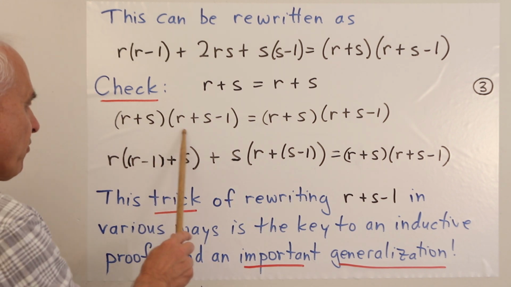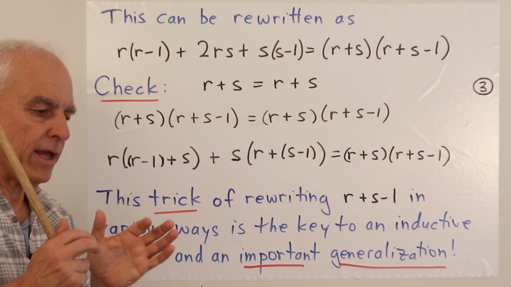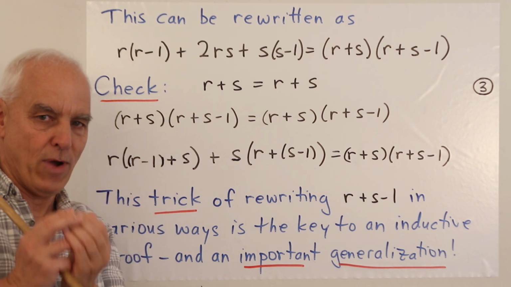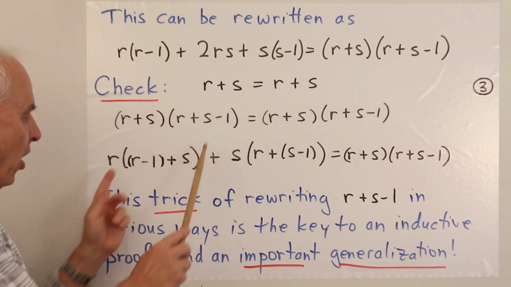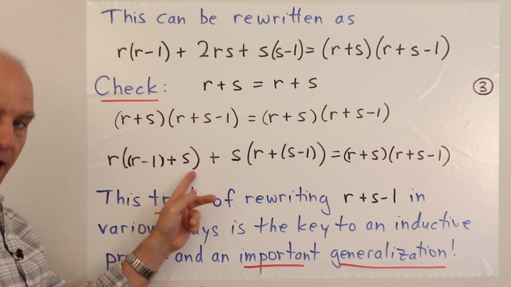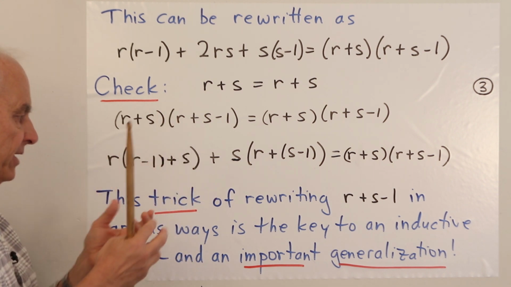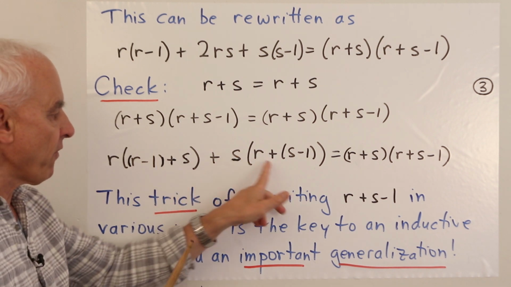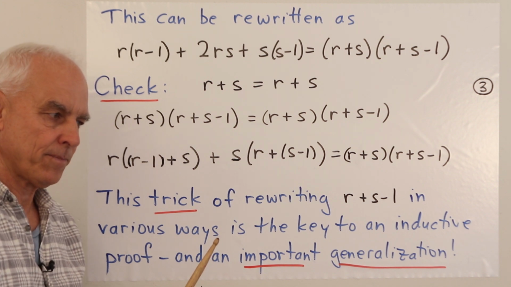But I'm rewriting this term r plus s minus 1 crucially in a subtly different way in these two cases. So over here, I'm writing this as r minus 1 plus s, and thinking of the r minus 1 as sort of one object and the s as the other one. And over here, I'm rewriting it as r plus s minus 1.